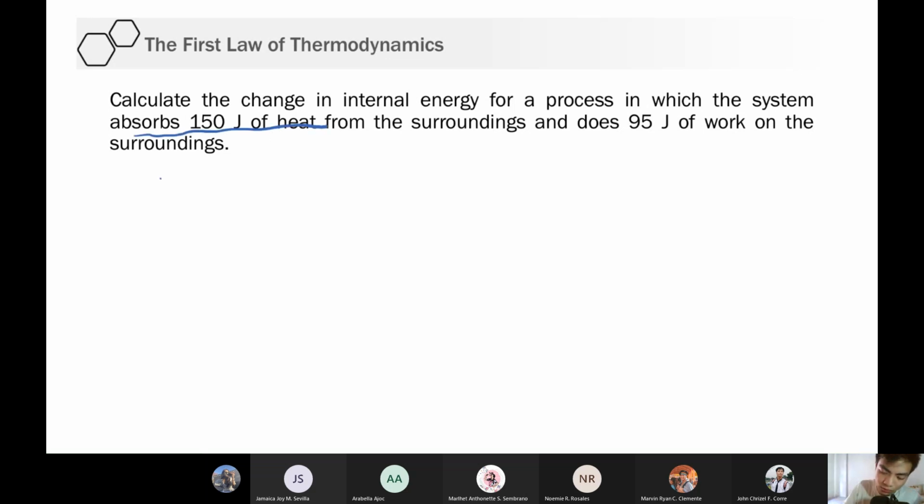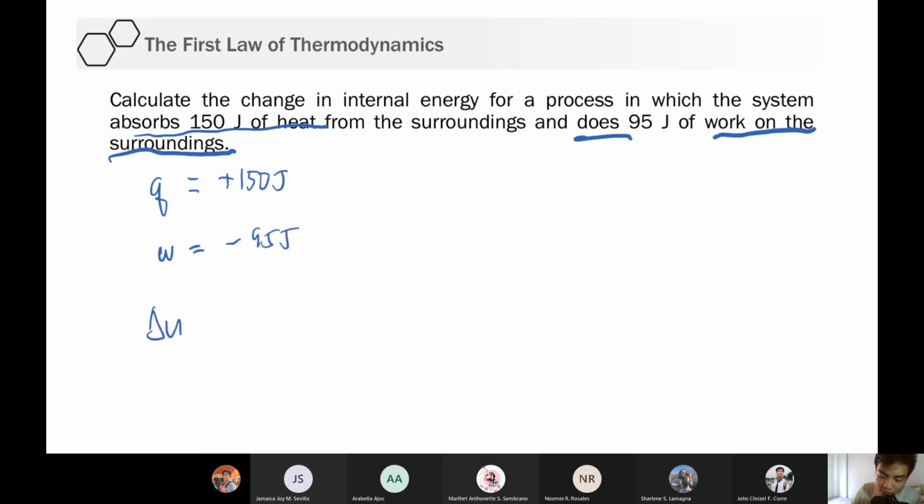Ibig sabihin yan, Q is positive, no? 150 joules yan. Absorbs siya, yung tumatanggap ng heat, from the surroundings. And yung work, sabi na doon, does work on the surroundings. Ibig sabihin siya yung gumagawa ng effort sa paligid niya. Ibig sabihin nun, negative yun.